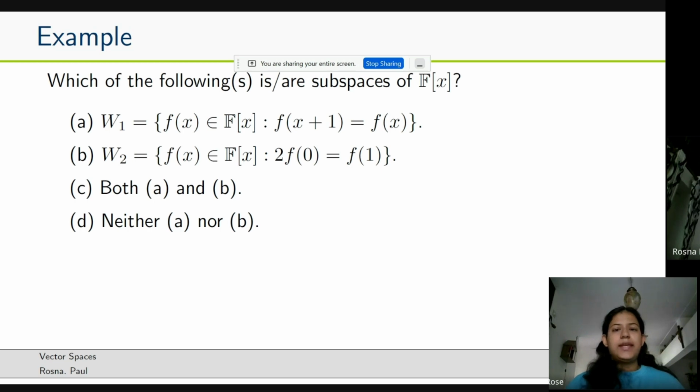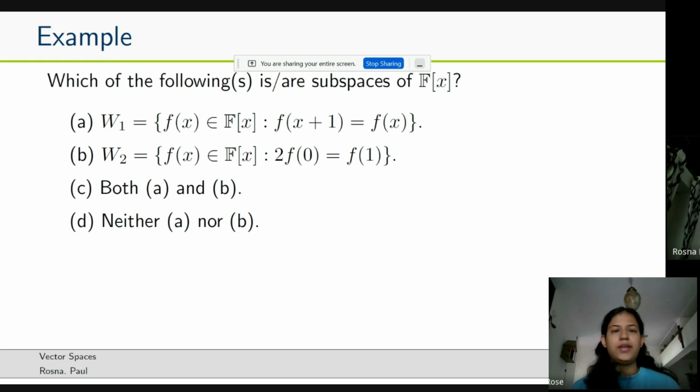And let's take an example. I hope that many of you might already know about subspaces. So before giving the answer directly to this question, I will let you do it. Those who know about subspaces and don't need an example done by me to understand it, please try to solve this question.